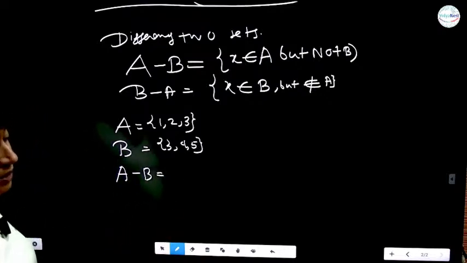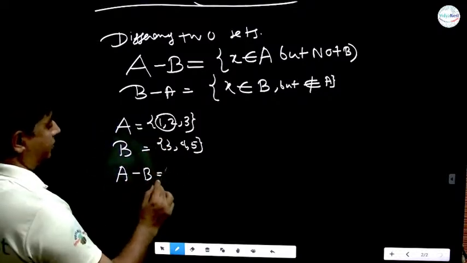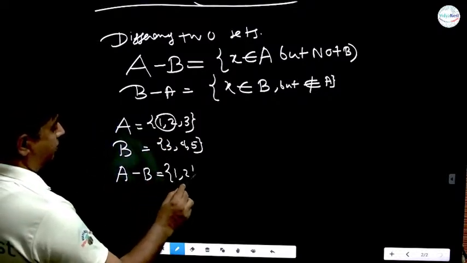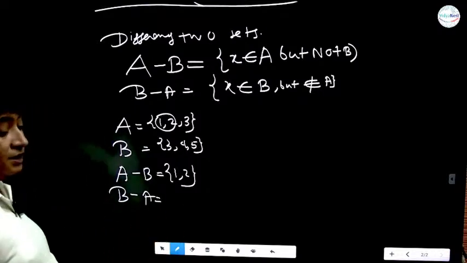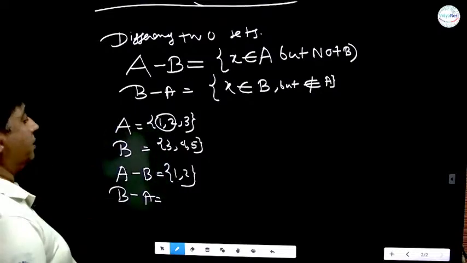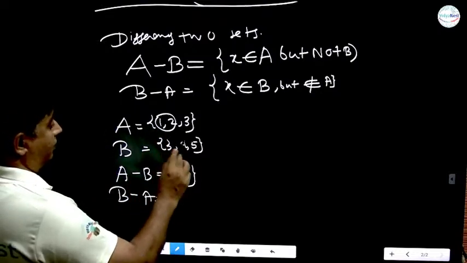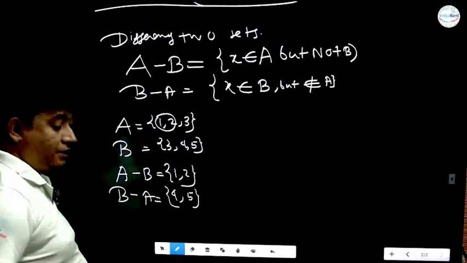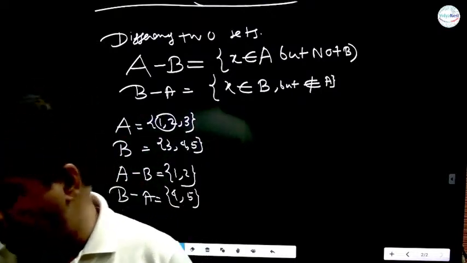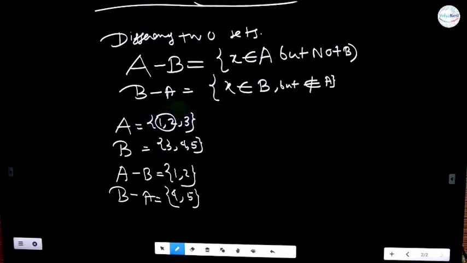A minus B is the set which contains A but not B, means 1, 2. What is B minus A? B minus A is the set containing B but not A, that means 4, 5. Understand? This is called the difference of two sets.